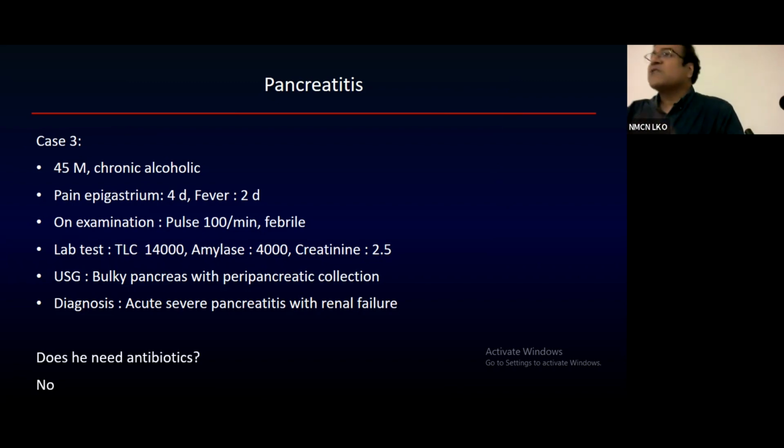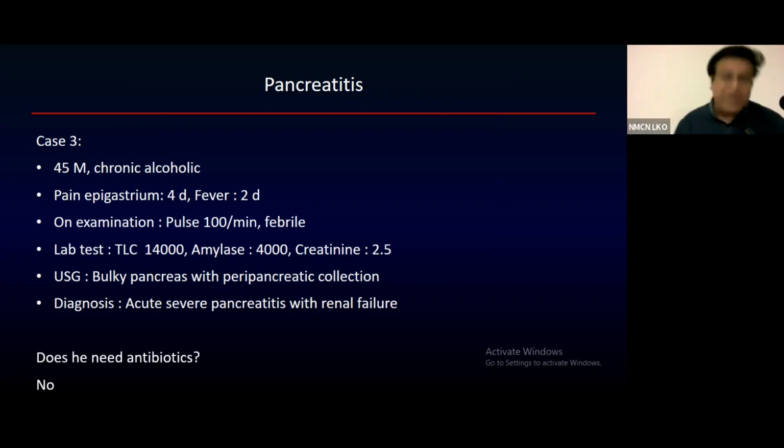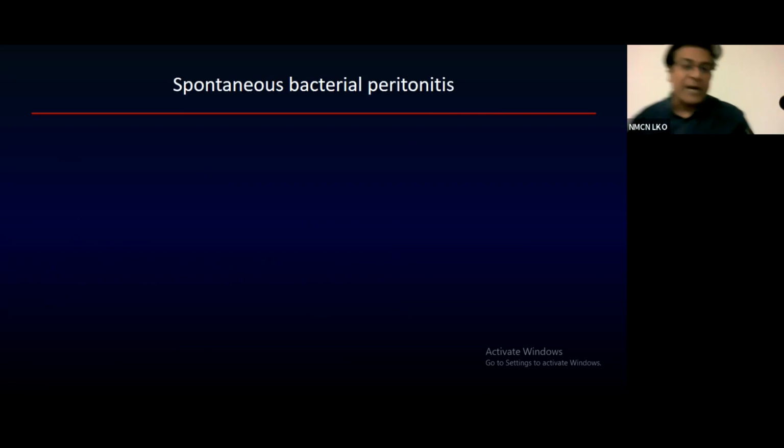This patient has features of those, though he has got a significant necrosis on the CT scan, yet you don't have convincing evidence to say that there is infected pancreatic necrosis, which usually happens after the first week. So we think of infected pancreatic necrosis usually after 7 to 10 days of admission. Very, very important to remember. And that's the reason you want to avoid antibiotics.